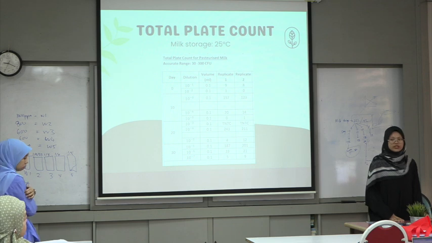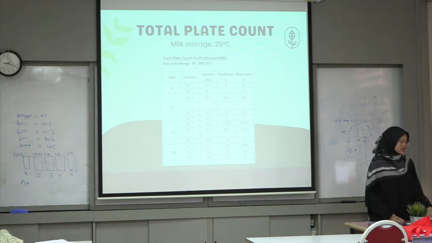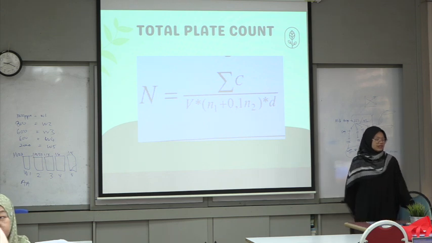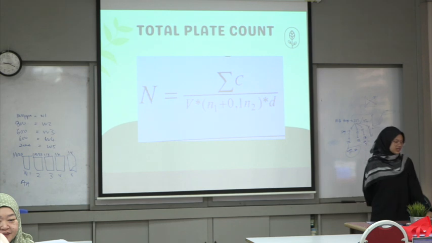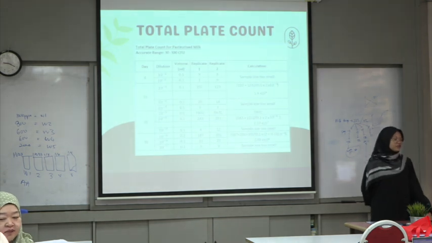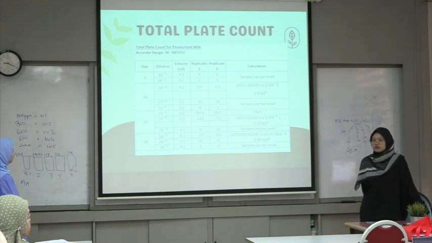This is the result obtained from the test, and to calculate the total plate count in the sample, we use this formula, and this is the result that we obtained. For day 0, we did not calculate the total plate count as the sample size is too small.